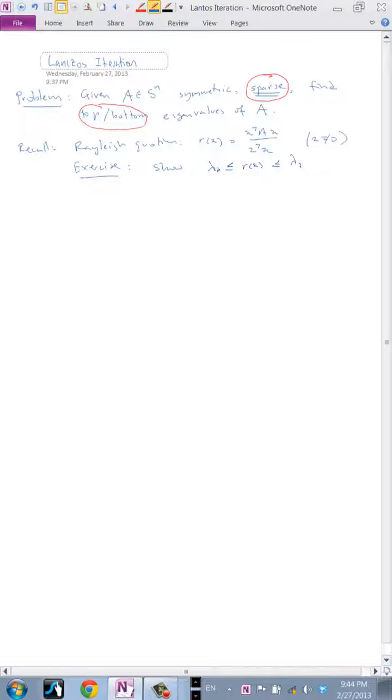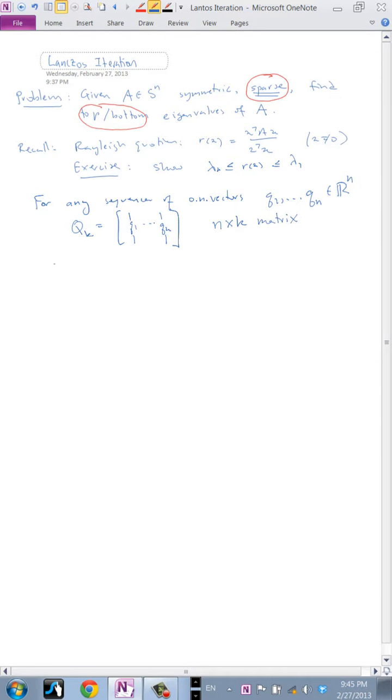Now let's define capital MK and little mk, but instead of using a subspace, let's look at orthonormal vectors that span that subspace. So for any sequence of orthonormal vectors q1 to qn in R^n, so this is an orthonormal basis, let QK be the matrix which just has the first k. So this is an n by k matrix.